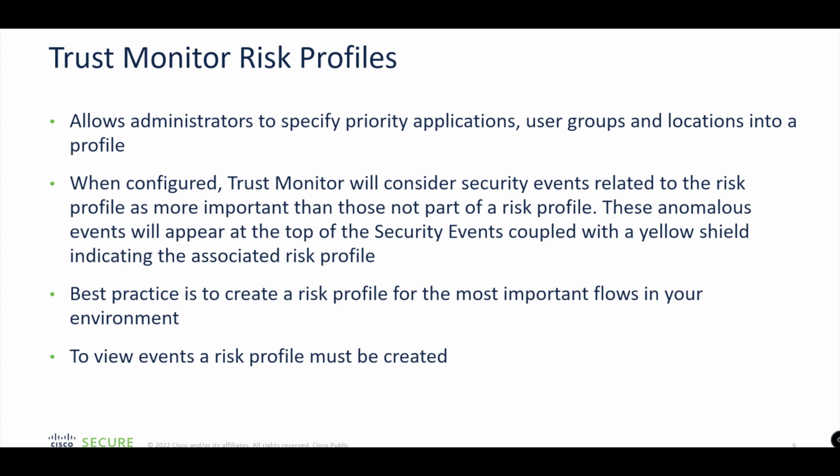These anomalous events will appear at the top of the security events in the dashboard, coupled with a yellow shield which indicates the associated risk profile that the security event is referring to. Now, it's best practice to create a risk profile for the most important flows in your environment. And once you create a risk profile, you can then view the events on the dashboard as well.